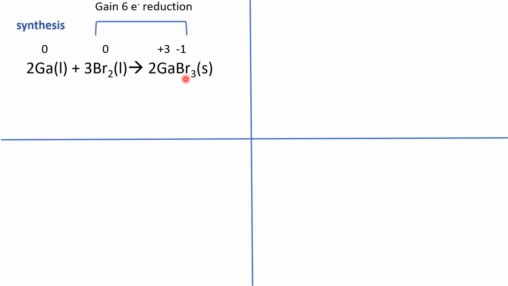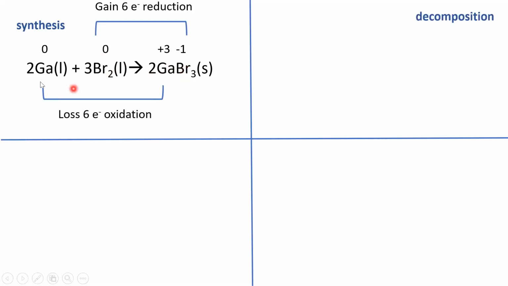The bromine is going from a 0 to a -1, so it's being reduced. The gallium is going from a 0 to a +3, so it's being oxidized. So synthesis is an example of a redox reaction.